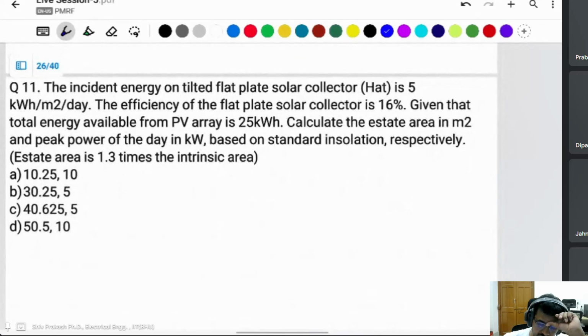Next, the incident energy on a tilted flat plate solar collector is 5 kilowatt hour per meter square per day, given as HAT.